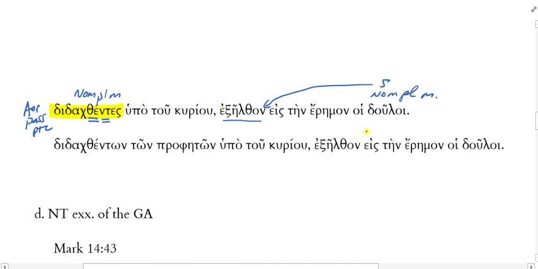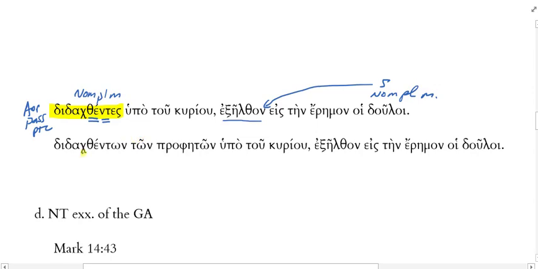Okay? So the servants, after being taught by the Lord, went away, eis tēn erēmon, into the desert. Okay? So this is nominative. Subject is nominative. You could say after they had been taught by the Lord. Yep, that'd be fine too.